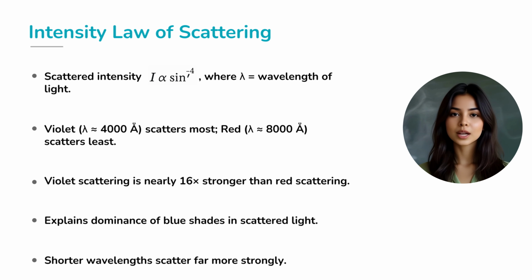In fact, violet scattering is nearly 16 times stronger than red scattering. This is the reason why we see dominance of blue shades in scattered light, for example, in the color of the sky. So, the rule is simple: shorter wavelengths scatter far more strongly than longer wavelengths.